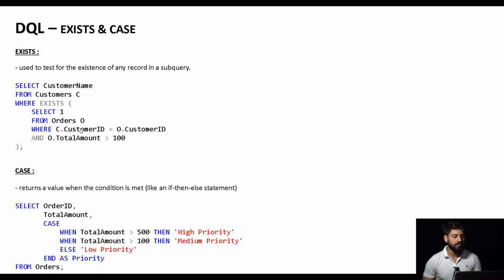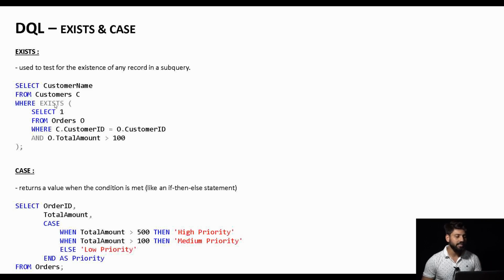If this is the subquery and it returns any record, it will test for existence. Suppose we select customer name from the customer table, but on the basis of what condition?